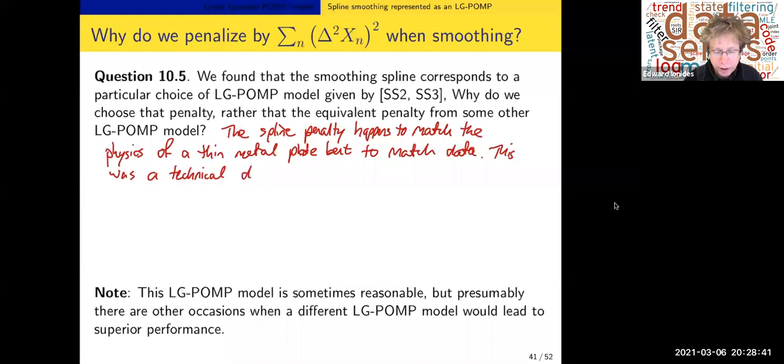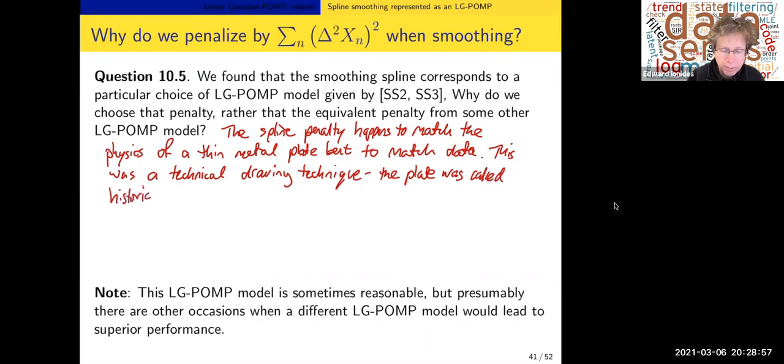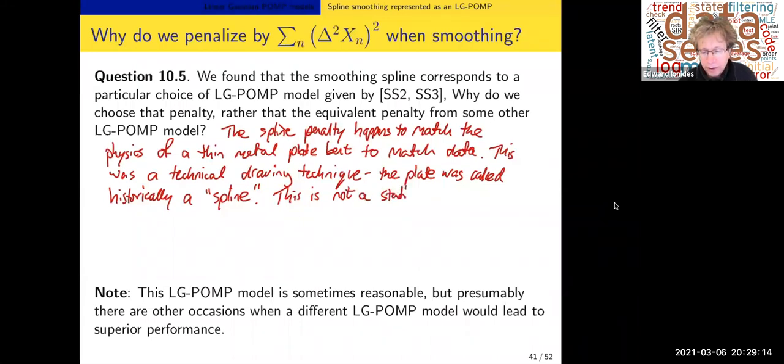This was a technical drawing technique where the plate was called historically a spline. Now, this is not a statistical justification. It's a historical accident.